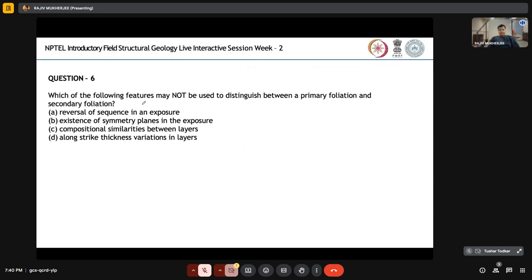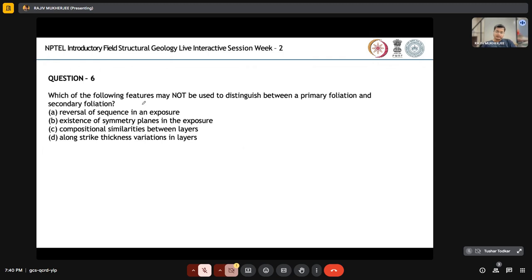So there are some criteria. We definitely discussed in this week two's lecture contents how a secondary plane differs from a primary plane, right? So in case of primary planes, we mostly talk about bedding planes that are from sedimentary origins. But there can also be igneous layering, right?